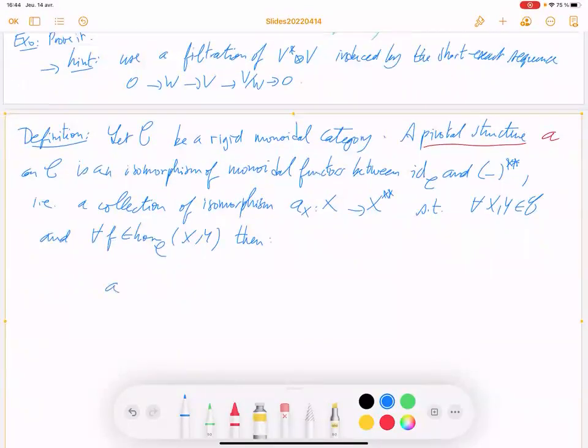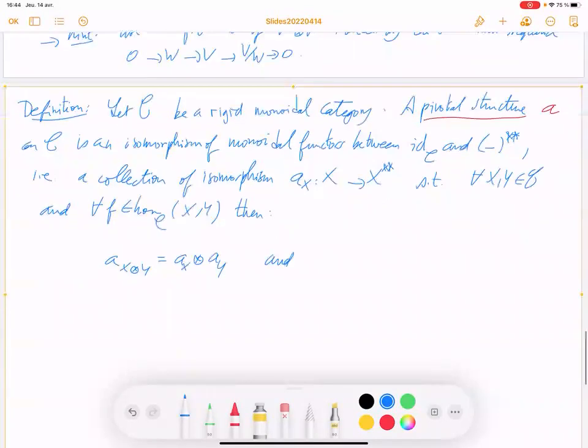this pivotal structure is monoidal, so it's like that, and it's a functor. You have the functoriality, which I may write like that: A_Y composed with F is equal to F double star composed with A_X.